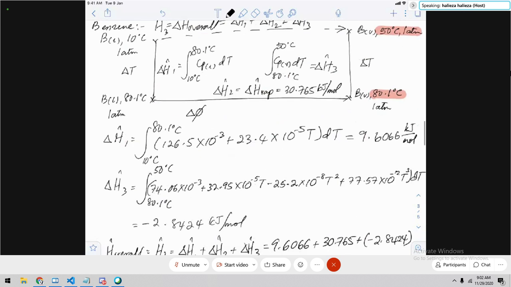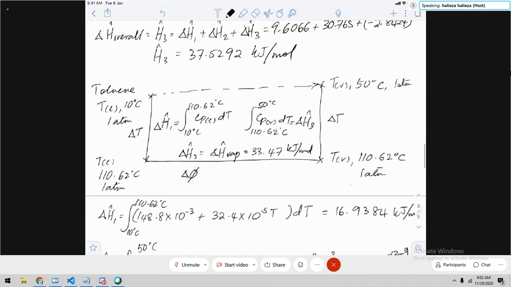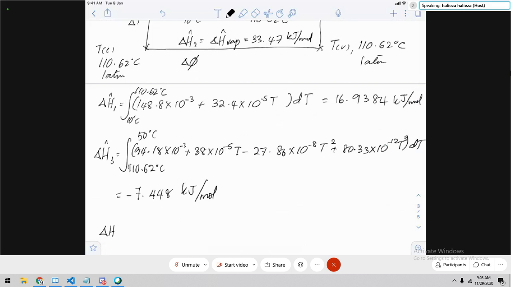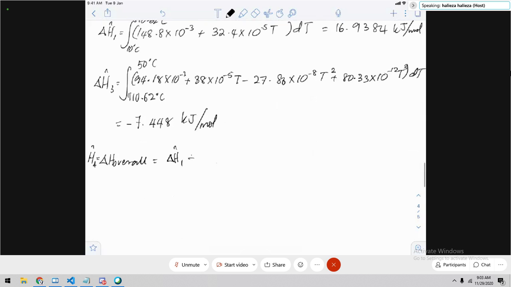So I'm going to write that here. Enthalpy 4 is equal to the overall change in enthalpy, which is delta H1 plus delta H2 plus delta H3. So now we're going to total it up. H4 equals overall, equals change in enthalpy 1, change in enthalpy 2, plus change in enthalpy 3.